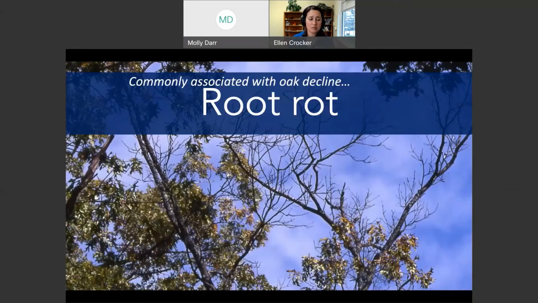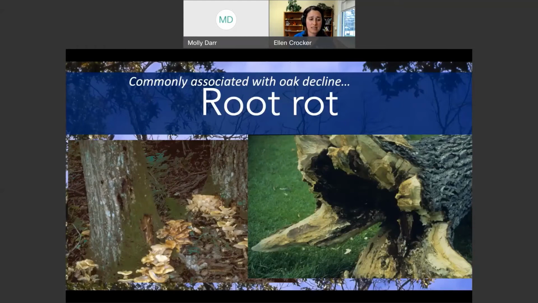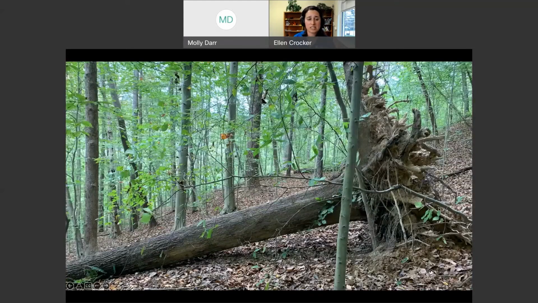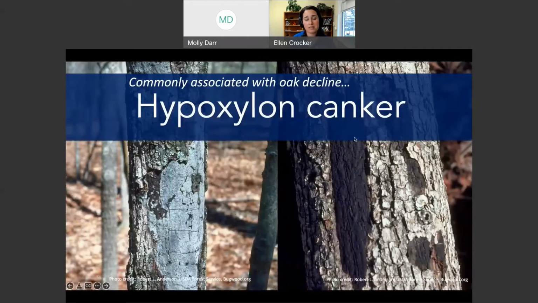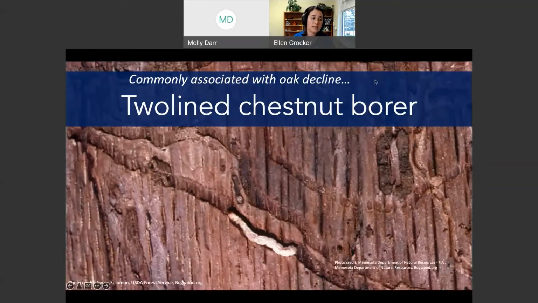We just talked about Armillaria root rot, but many different root rots that might cause trees to tip over, but these trees were already stressed. Or that Hypoxylon canker that I mentioned earlier, that will all be part of this kind of compounding death spiral for trees. Or insects like the twolined chestnut borer.